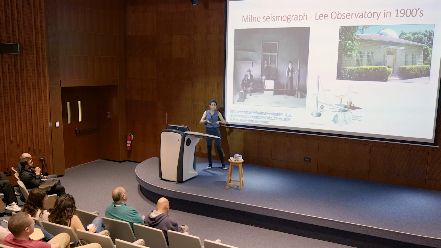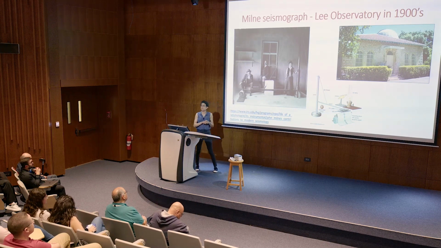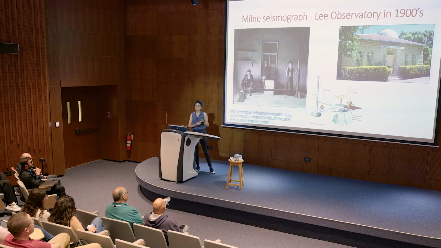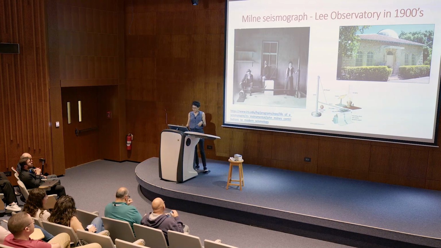This is one of the earliest recording instruments, and it used to record the waveforms on photosensitive paper. I haven't found these papers yet. I'm trying to see if there are any still remaining from back then.